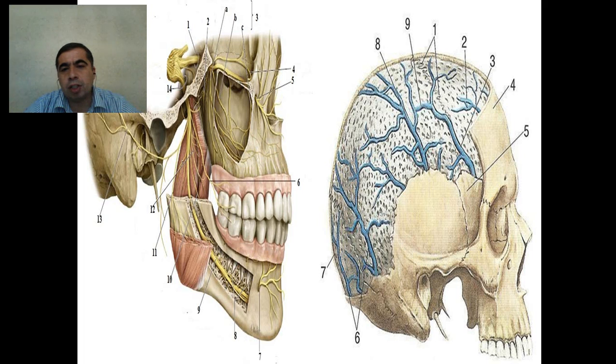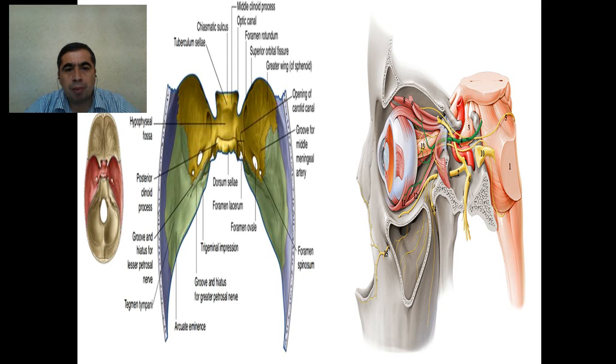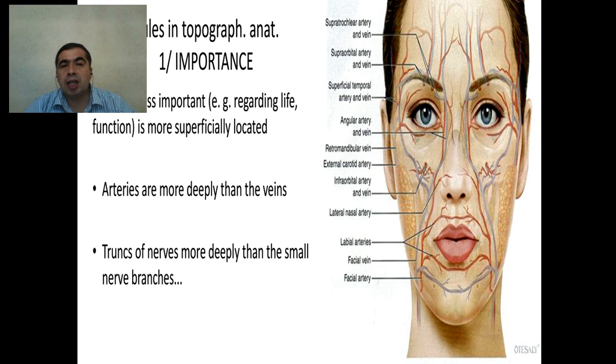Again, the structures of the head, the mutual location arrangement on the middle cranial fossa and the part of the eyeball with nerves. Several rules in topographic anatomy are very important.